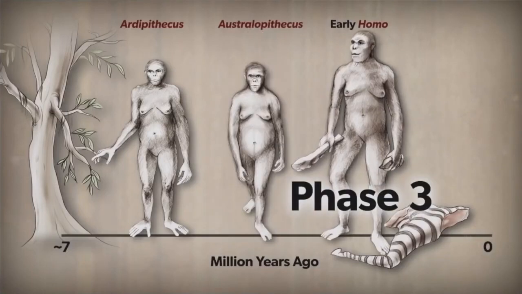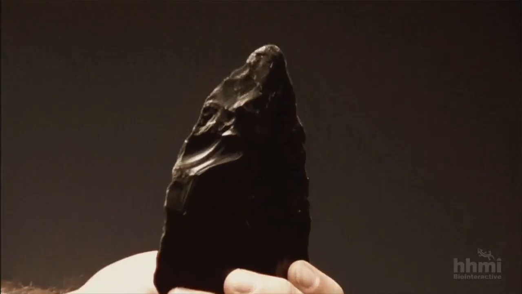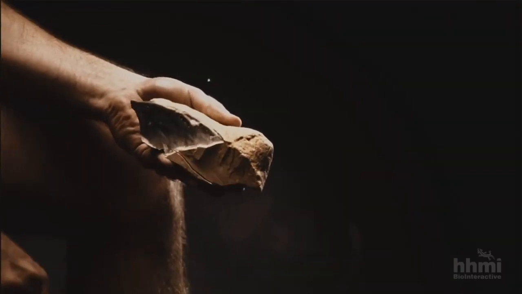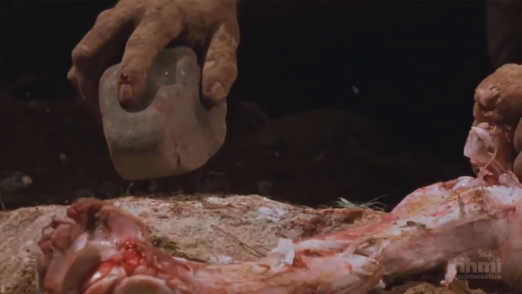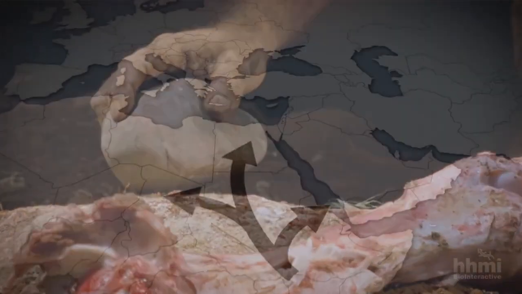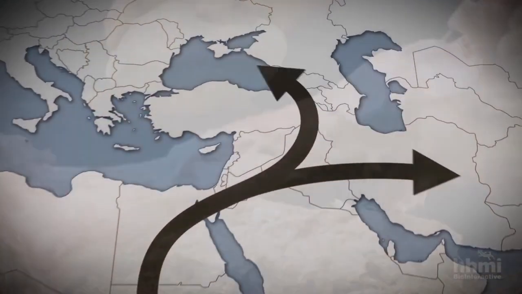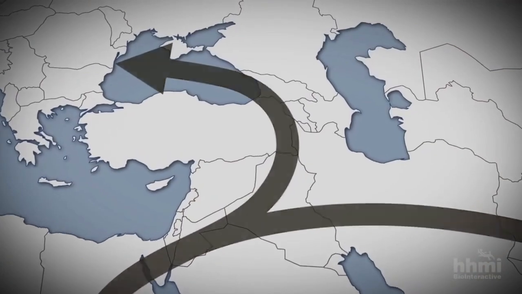Here we have a creature that is really technologically advanced, in a sense, a technological primate that is more dependent on culture, on the use of tools, on living in groups.